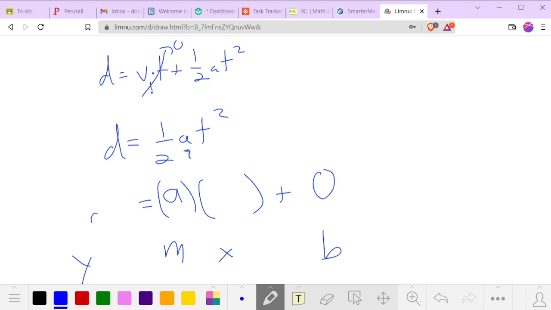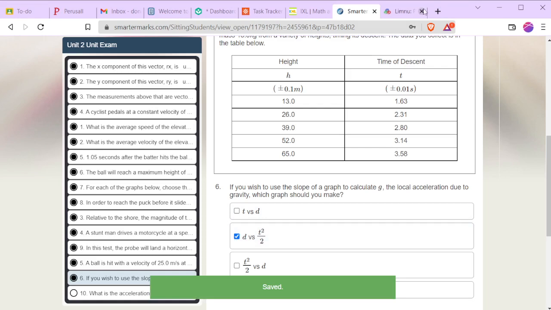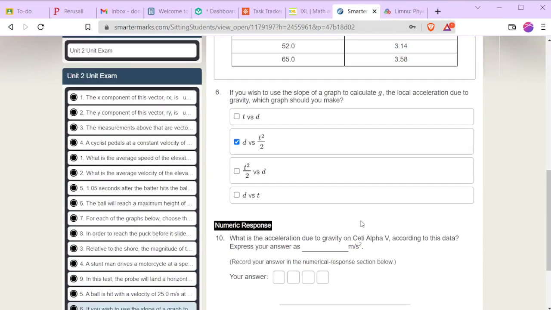Our y is going to be our displacement, and our x is going to be this term with that 1/2 a t squared. We pull the a out, everything that's left behind is our x. So that is t squared over 2. So d has to be our y, and t squared over 2 has to be our x. Now we need to find the acceleration of gravity on SETI Alpha 5.